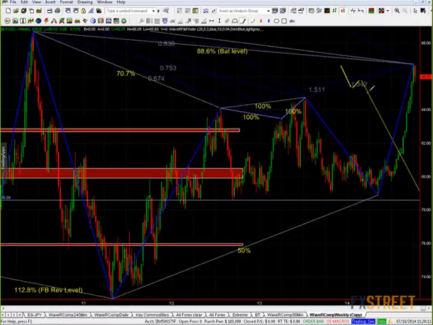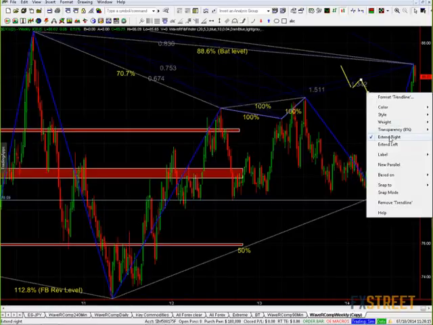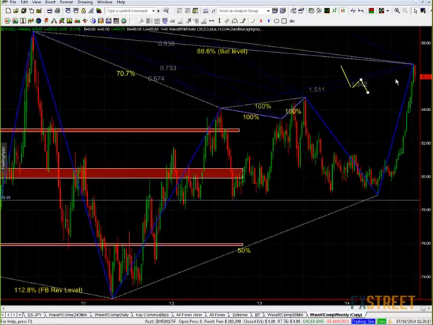I'm looking now for one of these moves, which may or may not happen, but I wouldn't want to get into taking this dollar long until after that A, B, C zigzag has actually taken place. So we've probably got a few weeks for that to happen.